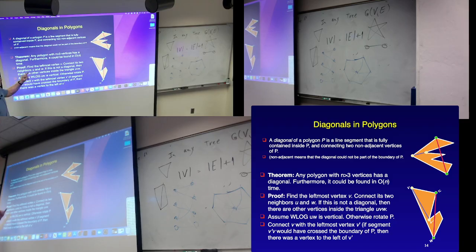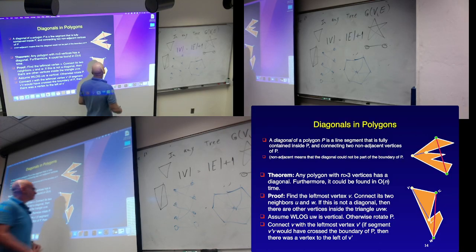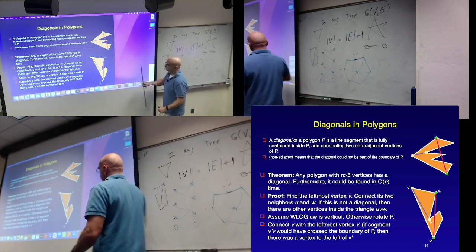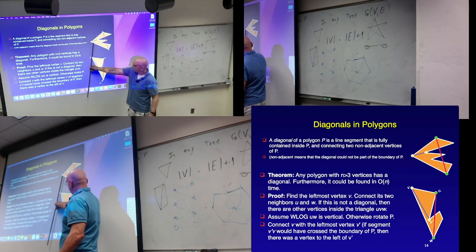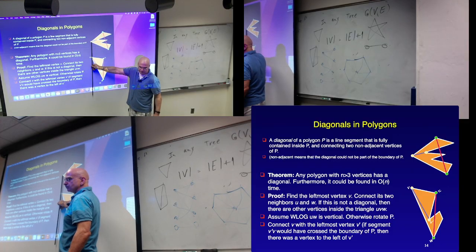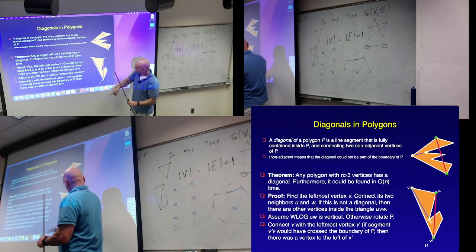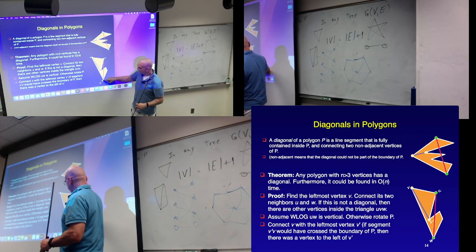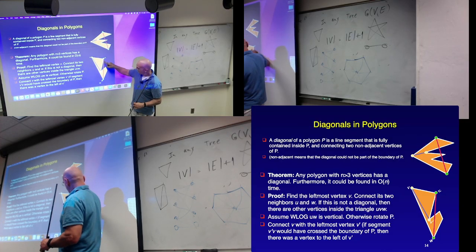So how do I prove that it has one such diagonal? Look at the leftmost vertex, V. I draw my polygon and I'm looking at the leftmost vertex V. And now I'm looking at the neighbors of V on the polygon, calling them U and W.